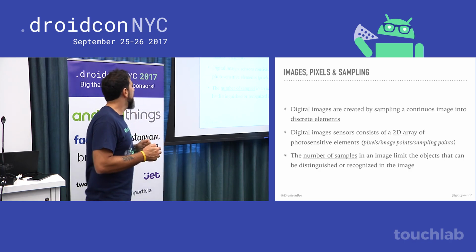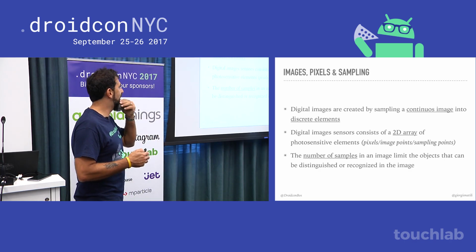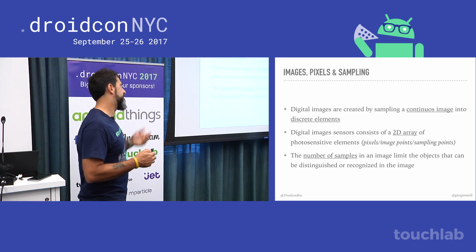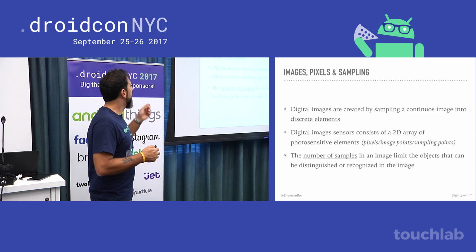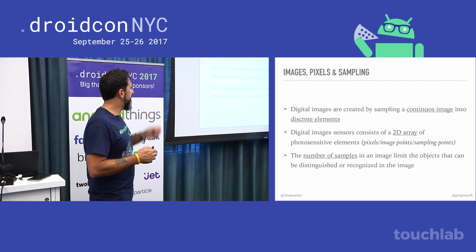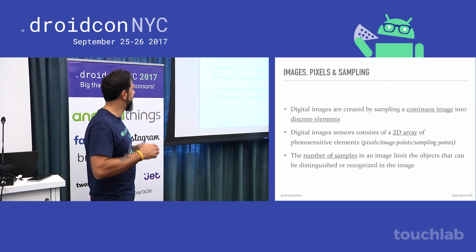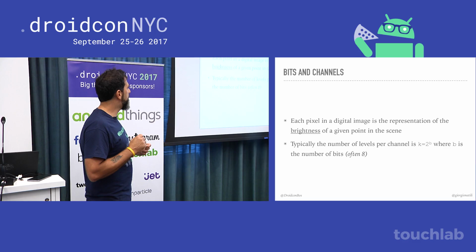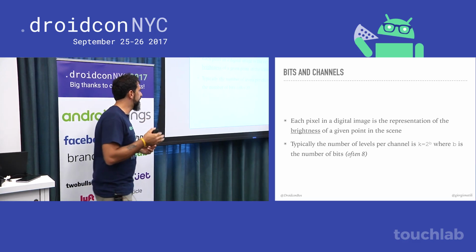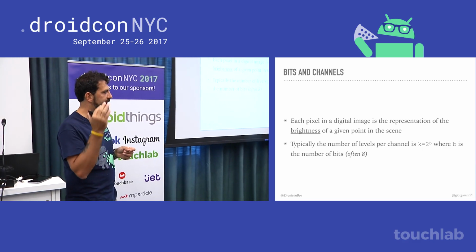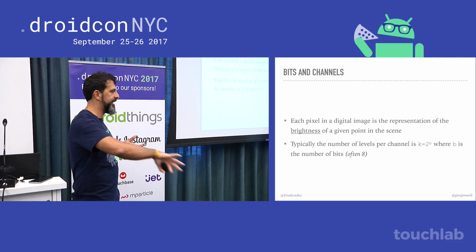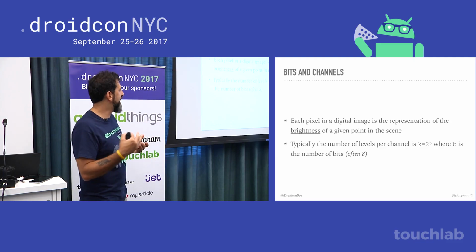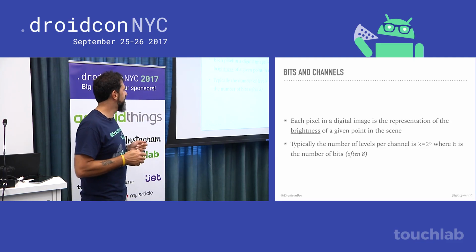Digital images are also made up of pixels, and pixels are nothing more than a representation of the photosensitive elements that are stored in an image. Each pixel is a representation of the brightness of a given point in a three-dimensional scene that gets translated into two dimensions by the camera or by other sensors.